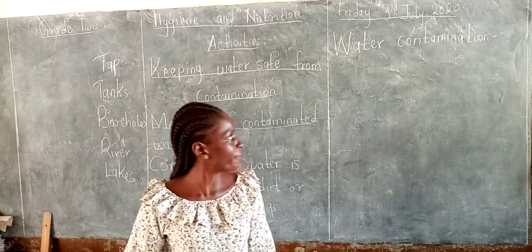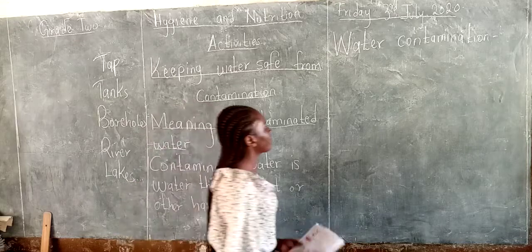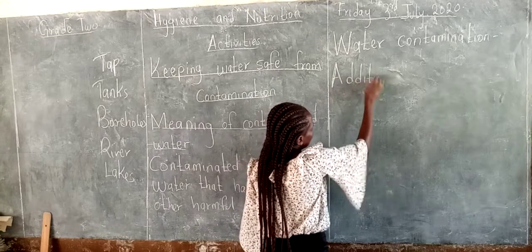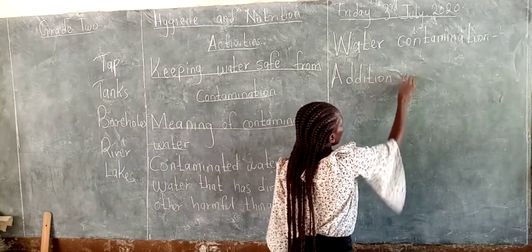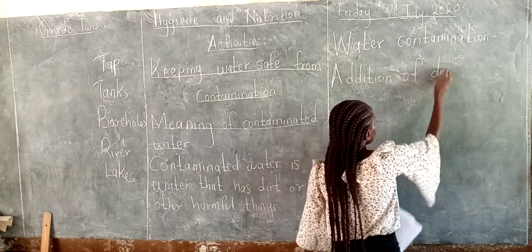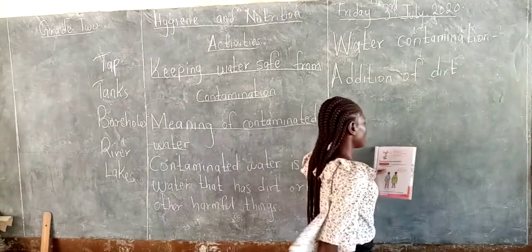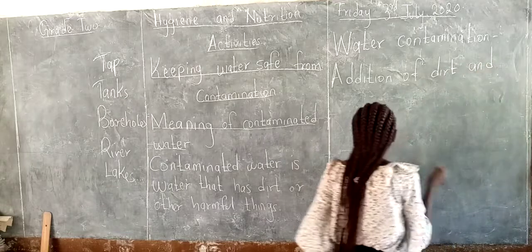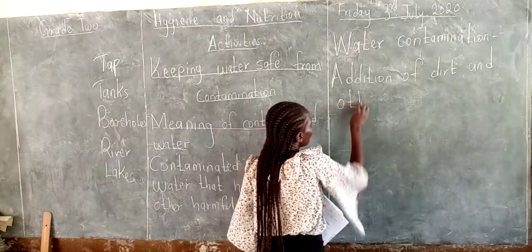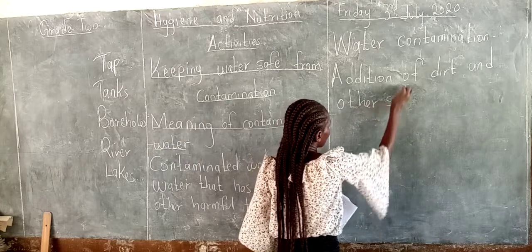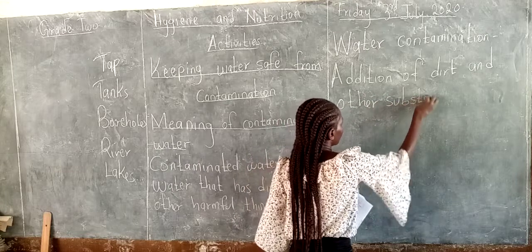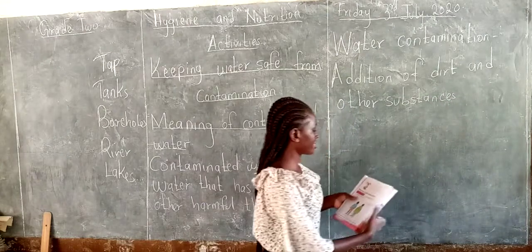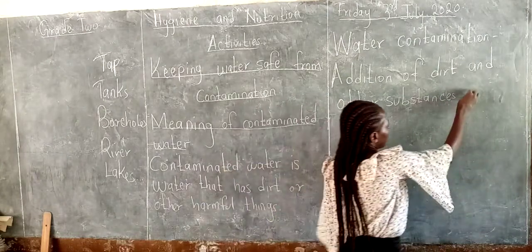We say water contamination is the addition of dirt and other substances in water.